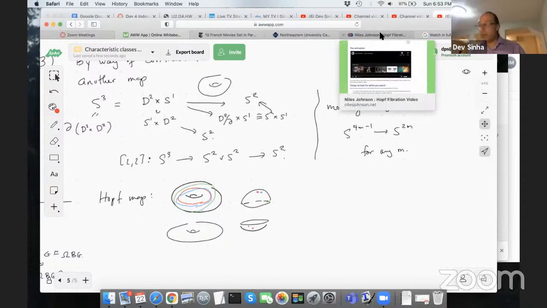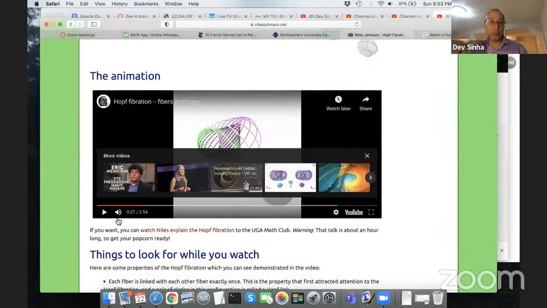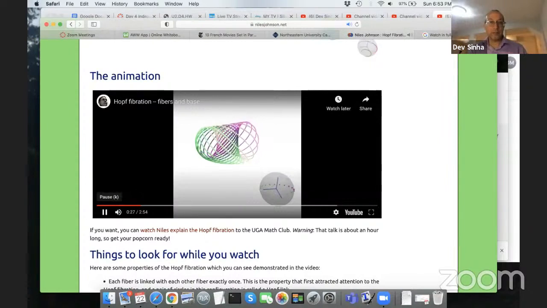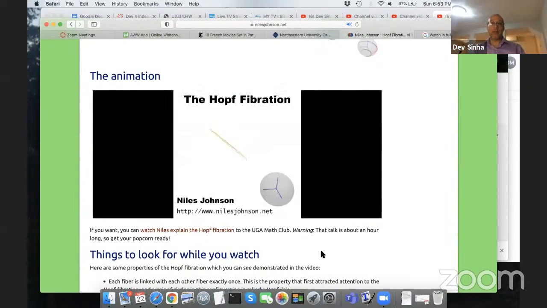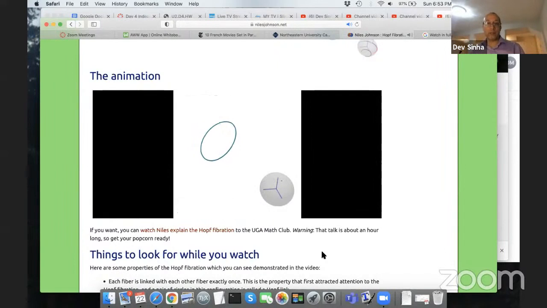But then the final thing to say about the Hopf map geometrically is that the preimage of any 2 points are linked. You can find this yourself, and I think it's on a full YouTube, in which case I could do full screen, but I won't.